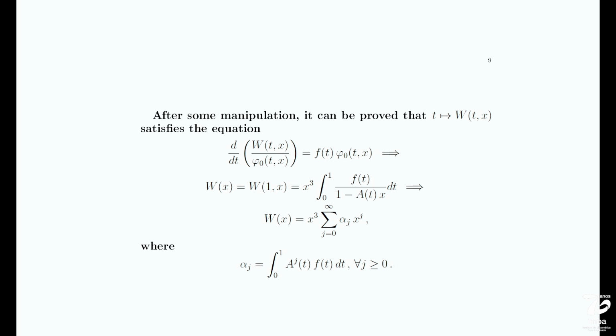So suppose you want to set alpha 0 equals 0, for instance, okay? So you have to find the f in such a way that the integral from 0 to 1 is 0, okay? Suppose you want alpha 1 equals 0.